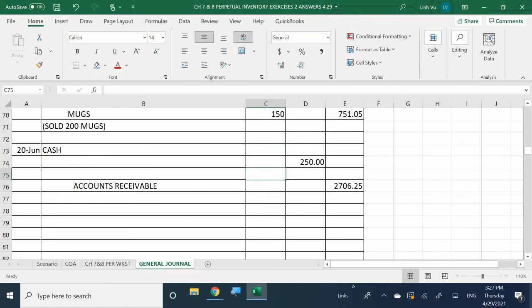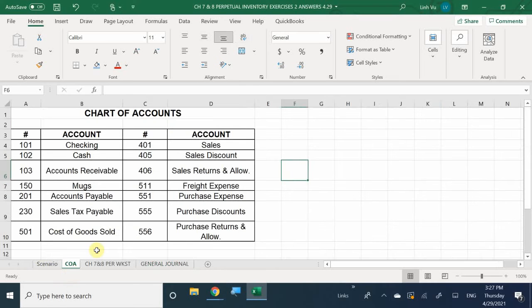So what account am I going to use to recognize this discount? 555 purchase discounts. Okay, remember, customer A is a customer, right?